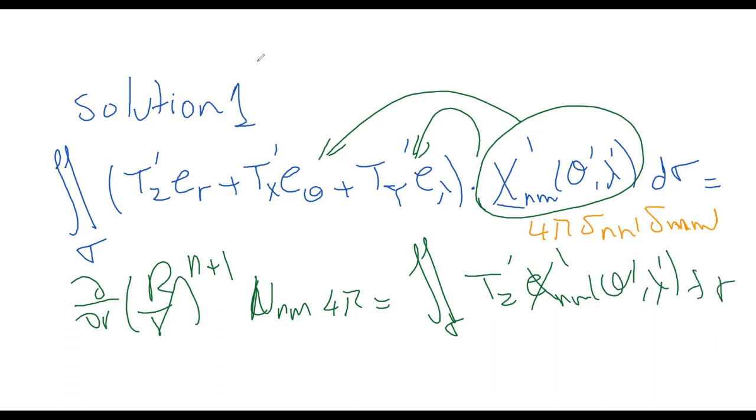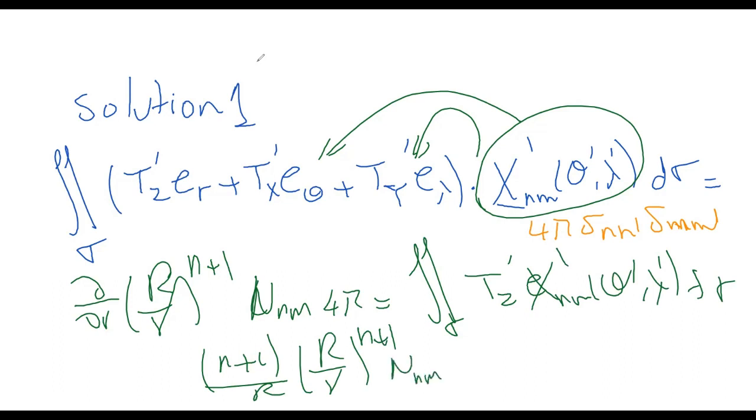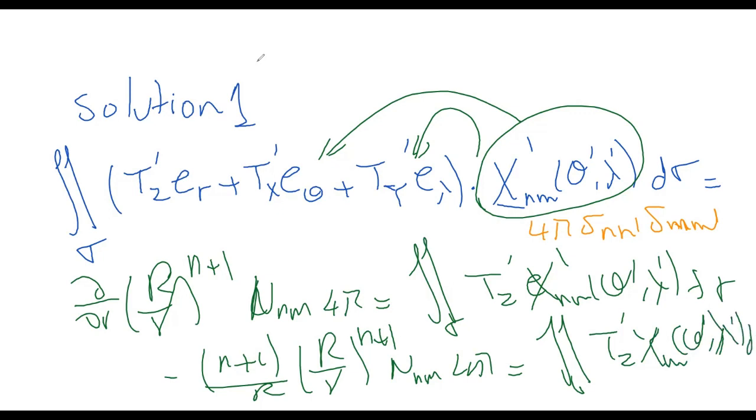So if I take a derivative with respect to m, it will be n plus 1 over r over n plus 1. In this case, 4 pi equals the integral of Tz y_nm theta prime lambda prime sigma.